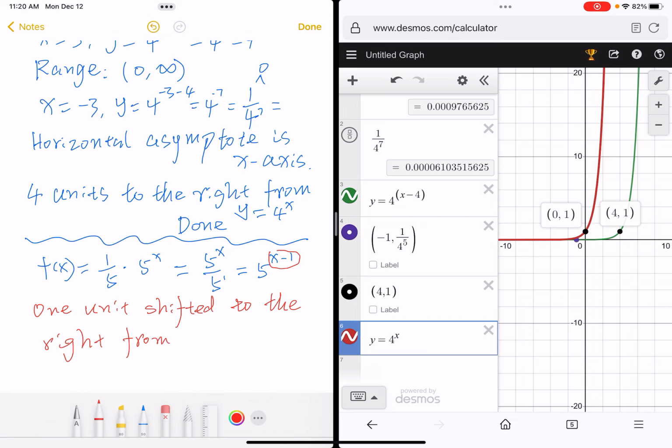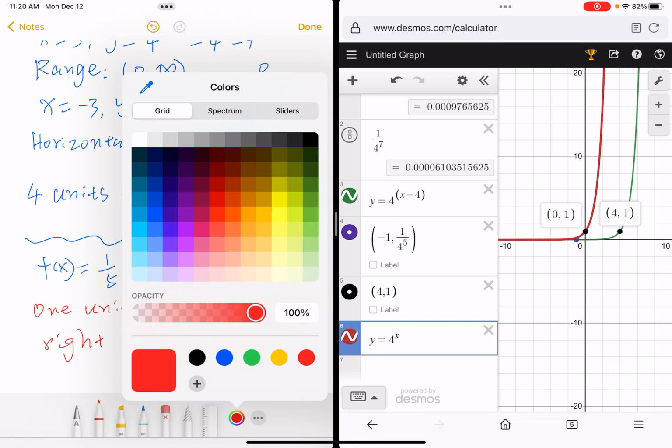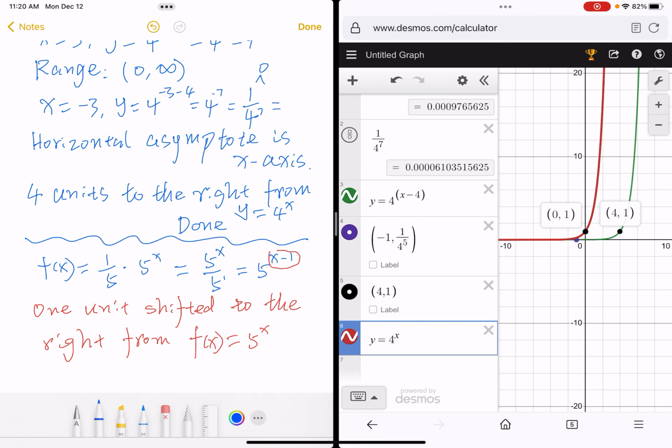From the graph of the function f of x equals 5 to the x. So you can see 1 is here and 1 is here. Okay. So basically x minus 1 tells you it is shifted 1 unit to the right-hand side.